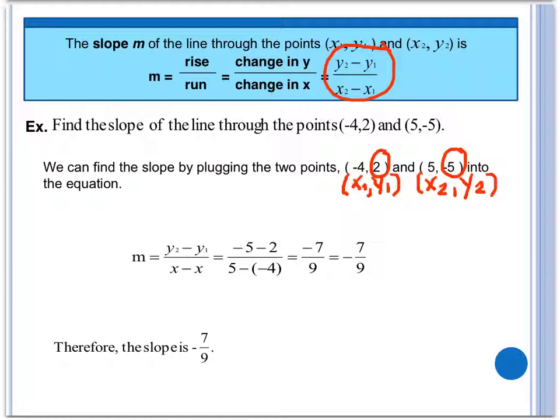So to do so, we take the x sub 2, which is 5, and we subtract our x sub 1, which is -4. Simplifying that in the denominator gives us 9. So the slope of these 2 points is -7 over 9.